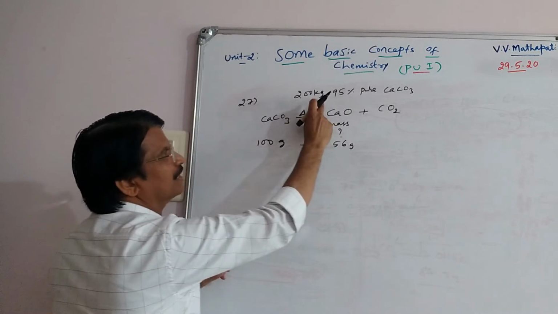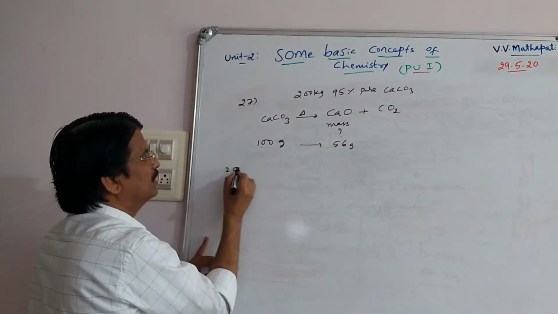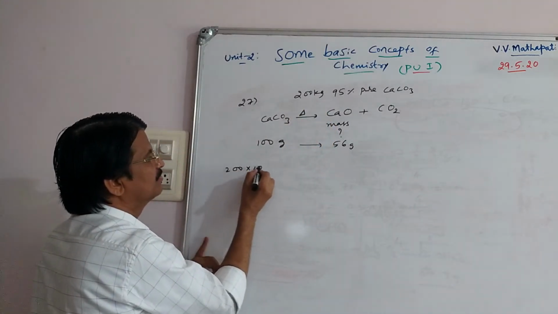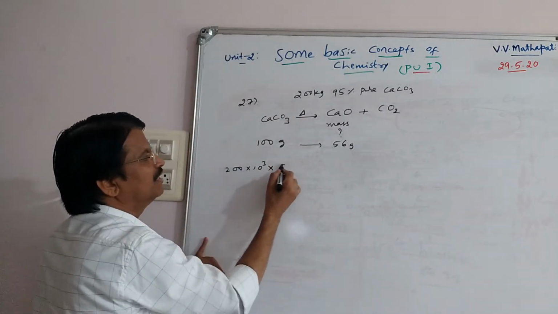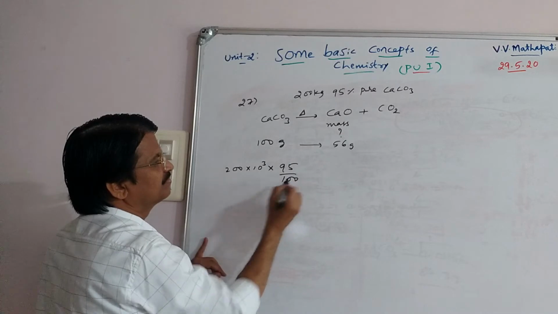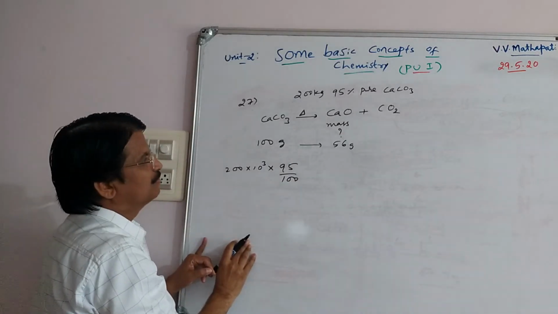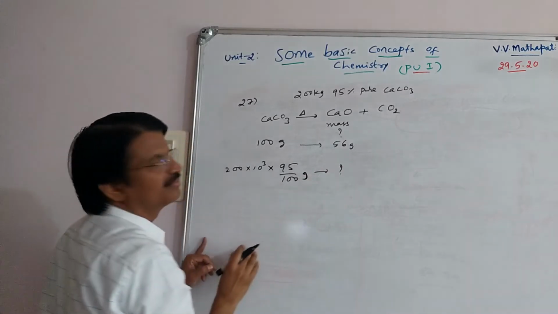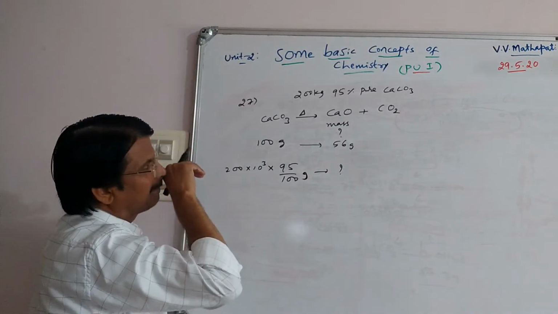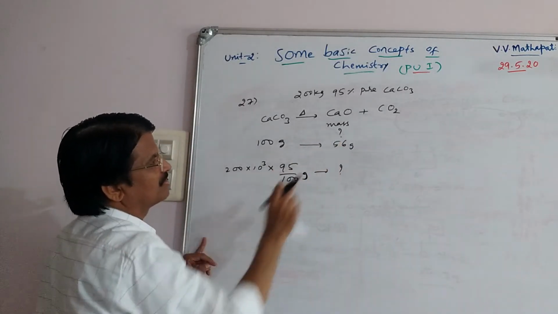Then what is the meaning of this? 200 kilogram, 95% purity, contains how much mass of CaCO3?